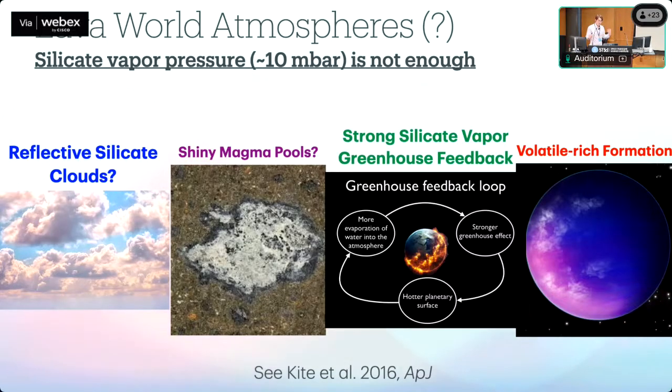But lastly, these planets might have actually just formed extremely volatile rich and migrated inward, losing most of their atmospheres, but retaining these heavier volatiles like CO2 and potentially water. And we saw a talk earlier this week by Joanna showing how some observations are consistent, especially with TOI 561b, of this picture.